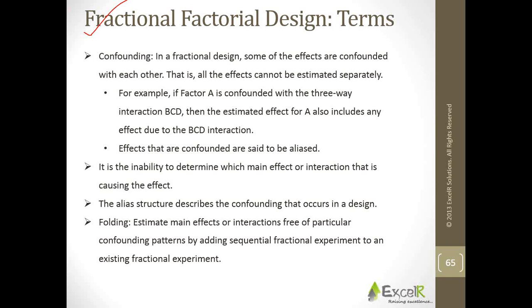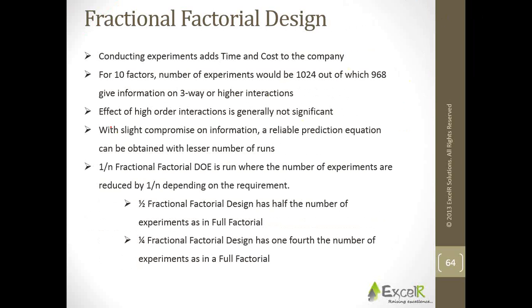entire set of experiments. Hence, what do I do? I'm going to perform a subset of experiments. For example, if I say it is half factorial, that means I'm going to run only half the number of experiments as in full factorial.